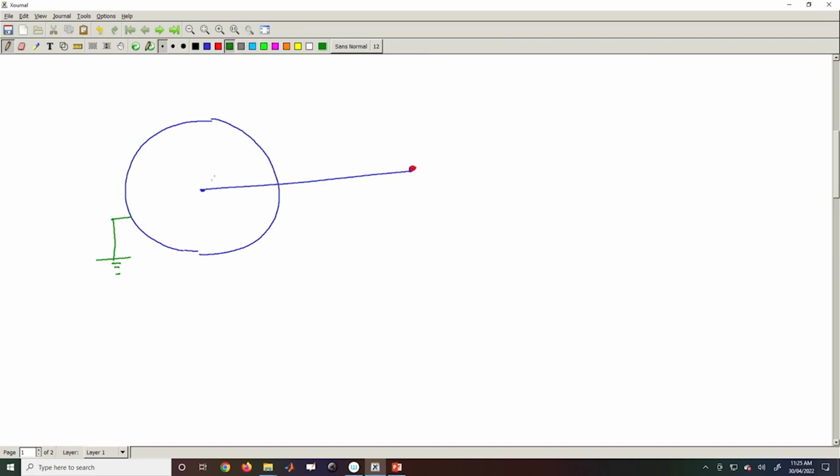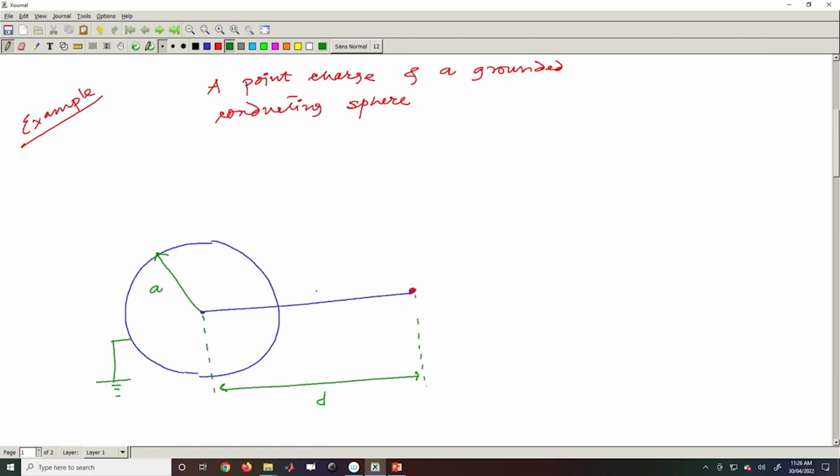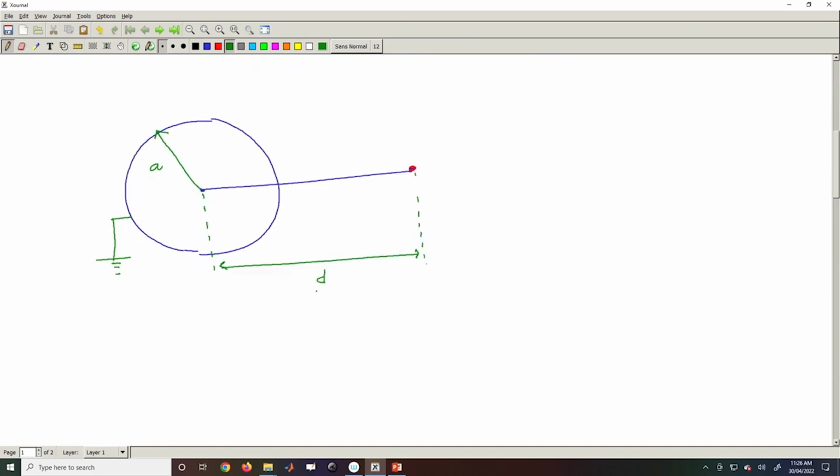Let us consider the radius of the sphere to be a, and the charge is placed a distance d from the center. Okay, now let us go back to the problem. That is the system I just drew.